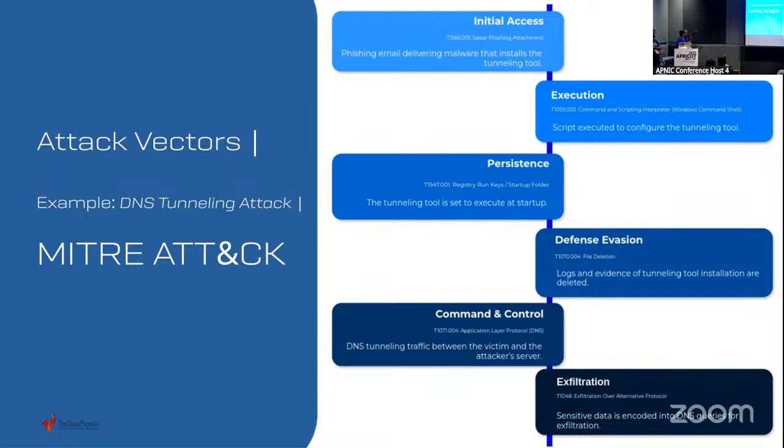And then spear phishing attack and command and scripting interpreter: these are sub-techniques. And you can see that in persistence, T1547, after that there is a number 001, which is a sub-technique.